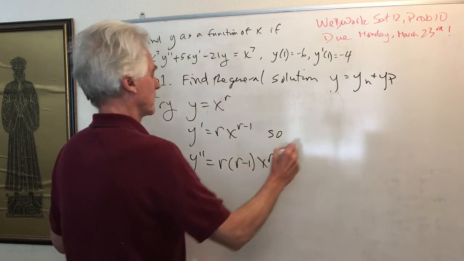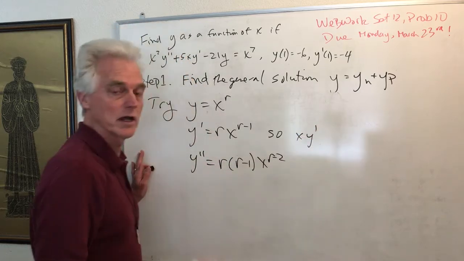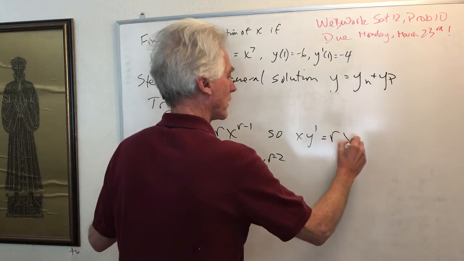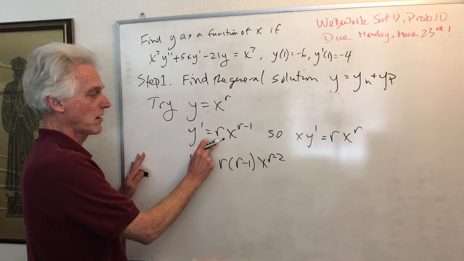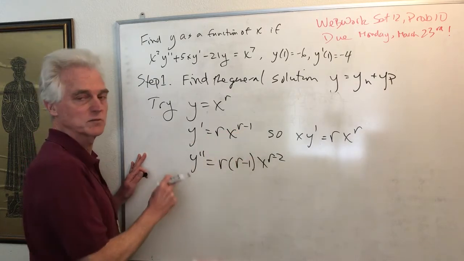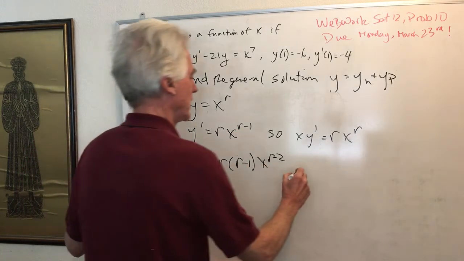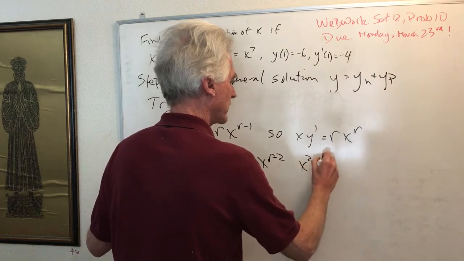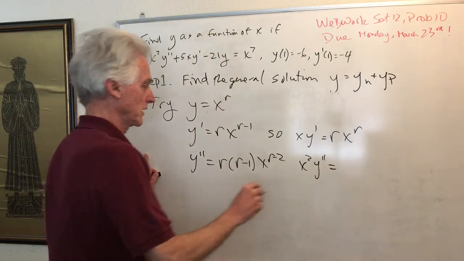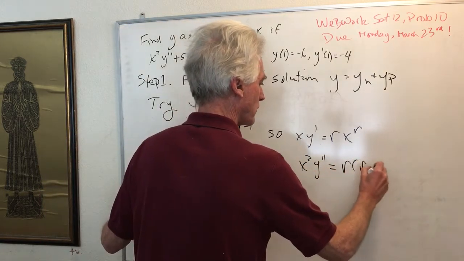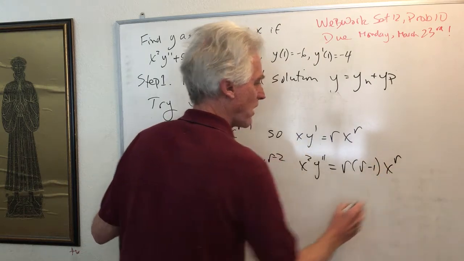So if I do x times y prime, we get r times x to the r, because x times x to the r minus 1 is just back to x to the r, and x squared y double prime is r times r minus 1, x to the r again.